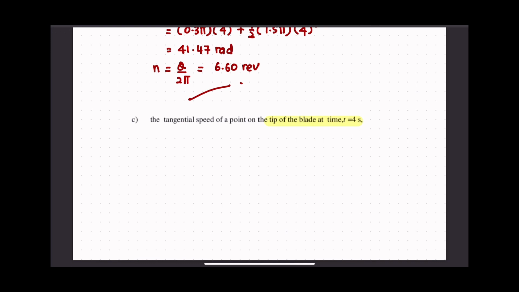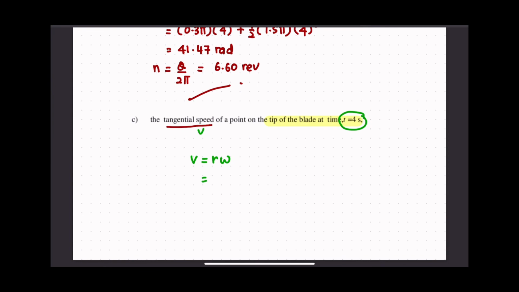So it wants the tangential speed, which is the ordinary velocity. Okay, v. So v is equal to R omega. You cannot take just any omega, because it wants the blade at time t equal to 4 seconds, meaning omega final after 4 seconds.